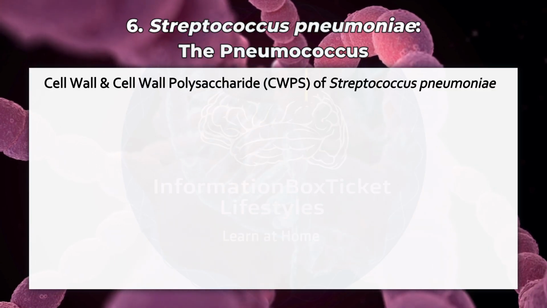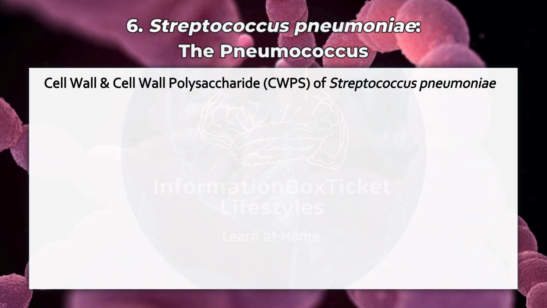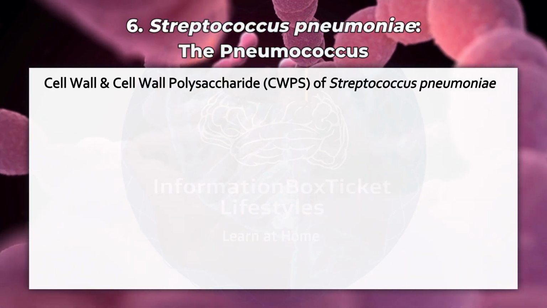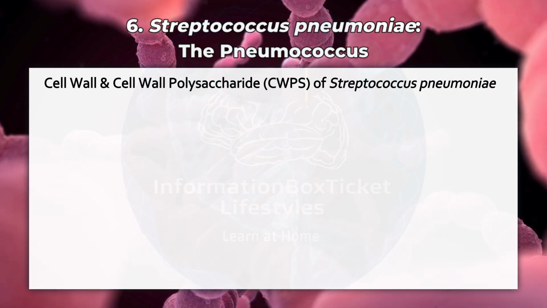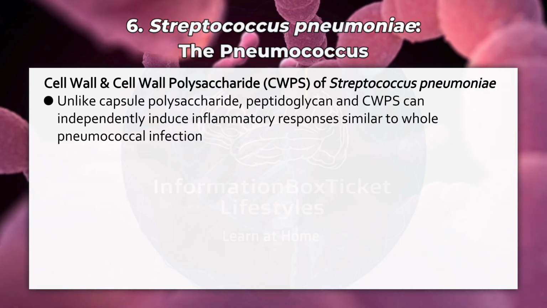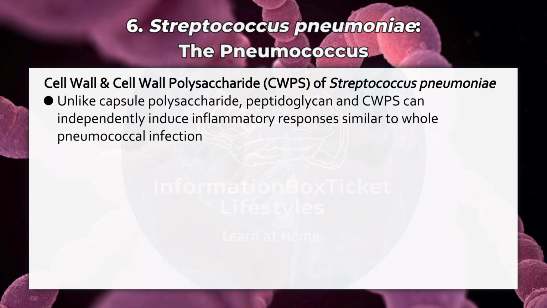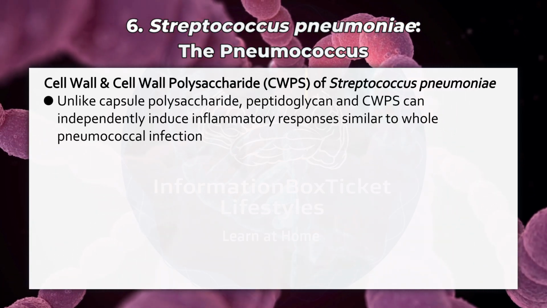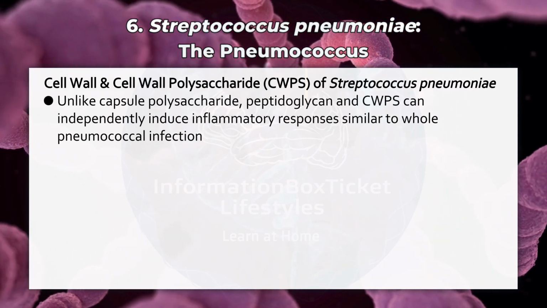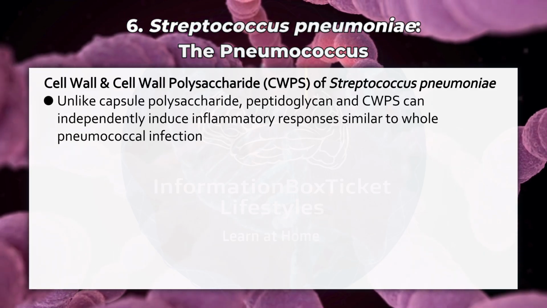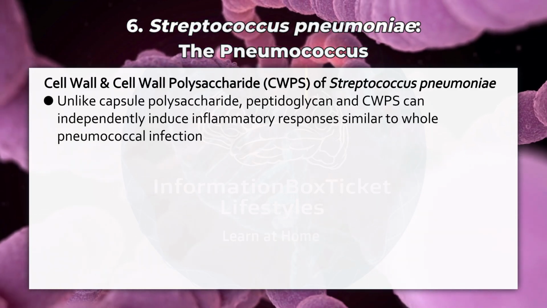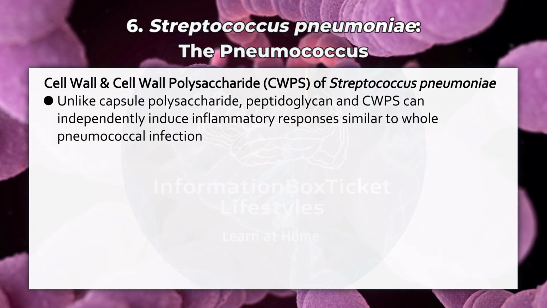Cell wall and cell wall polysaccharide of Streptococcus pneumoniae. Unlike capsule polysaccharide, peptidoglycan and cell wall polysaccharide can independently induce inflammatory responses similar to whole pneumococcal infection.